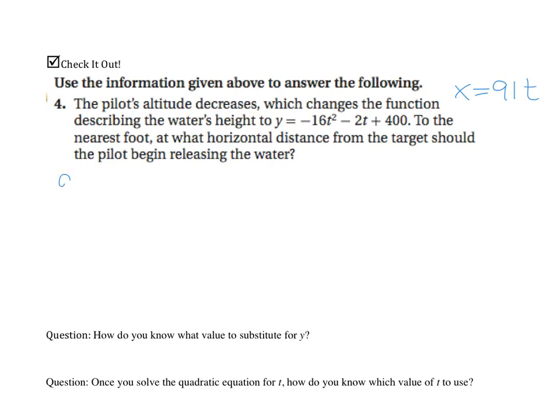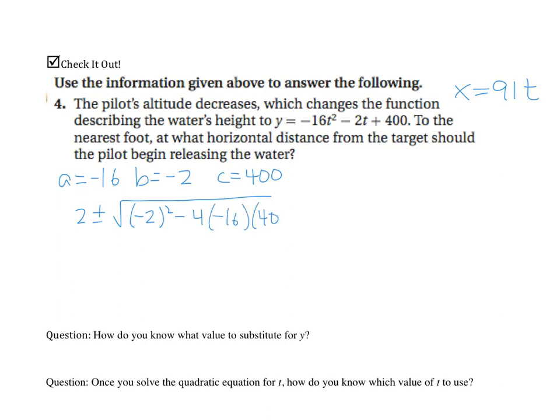So a is negative 16, b is negative 2, c is 400. So we have the opposite of b plus or minus the square root of b squared minus 4ac, all over 2a.